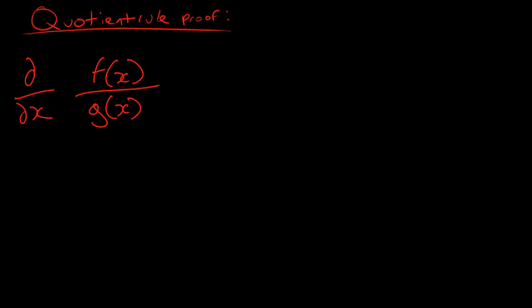So the first step is to show f of x over g of x is also equal to f of x times 1 over g of x, as the f of x would go to the top, just like that. Let's just leave it like this for now.